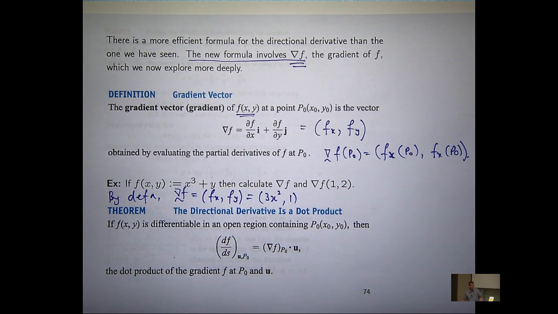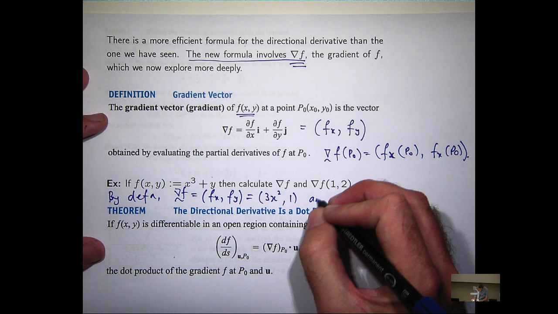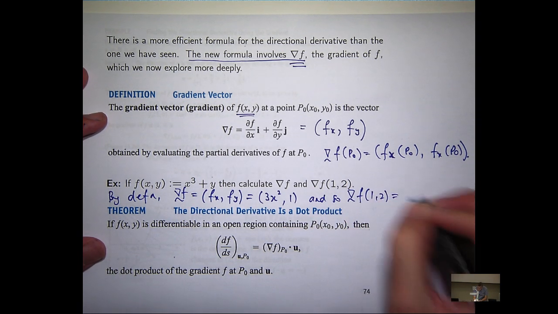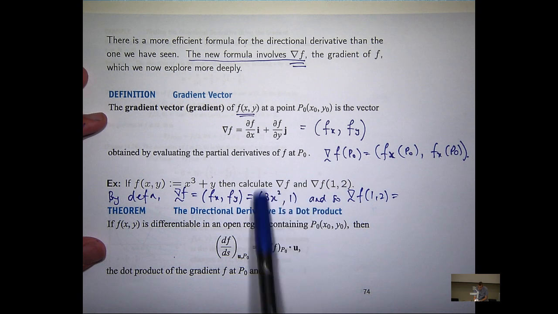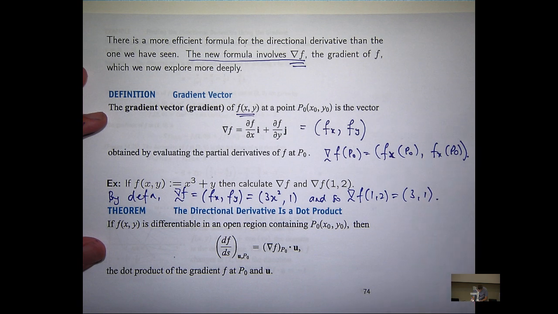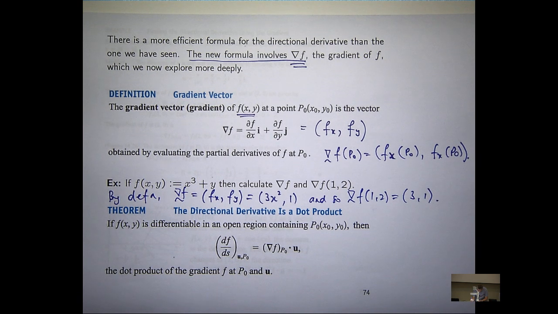And I get that. And so the gradient at the point 1, 2, I just take my x value, sub it in there, and my y value, sub it in, and I get this. Pretty easy.